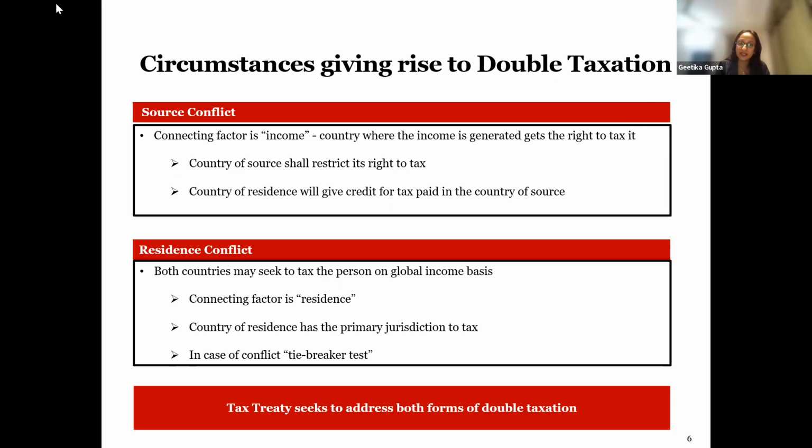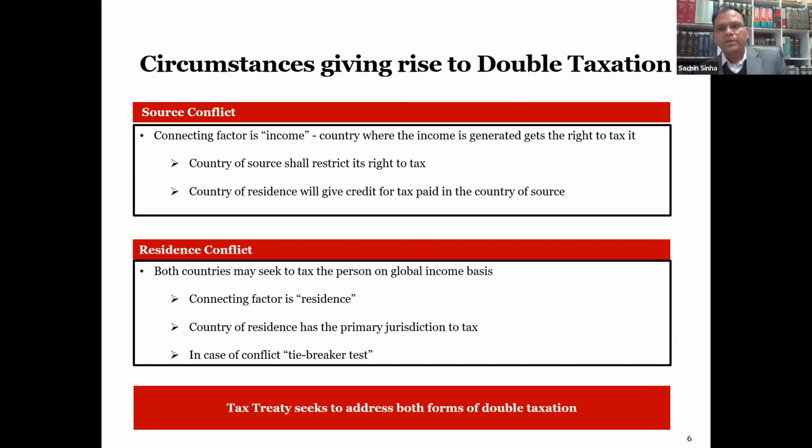So a foreign company rendering services to an Indian company will be taxed in India on account of the source rule, wherein the Indian company will withhold the taxes. Now this foreign company will also be taxed in its country of residence. And in the country of residence, by virtue of the tax treaty, it can claim exemption or deduction of the withholding taxes which have been deducted by the Indian party while making payment to it.